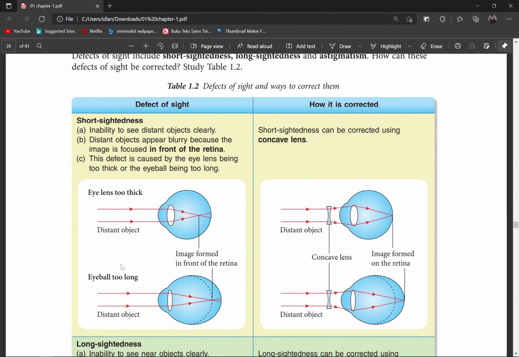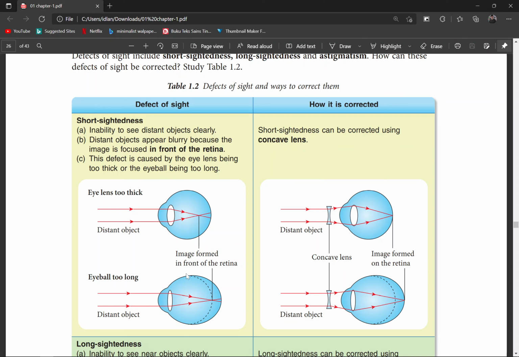Lepas tu yang kedua, the problem is eyeball is too long, which means eyeball dia tak nampak bulat, eyeball dia nampak oval shaped. Ni pun sama. Sepatutnya kalau eyeball dia biasa saja, dia boleh nampak dengan jelas because the intersection point is on the retina original placement.